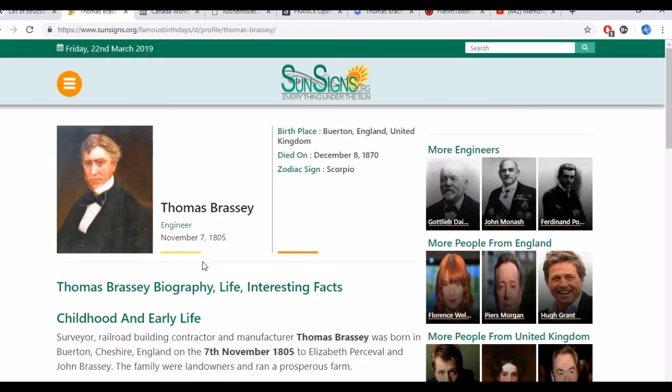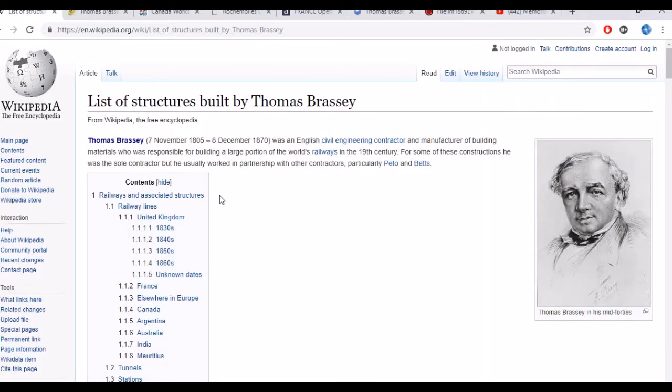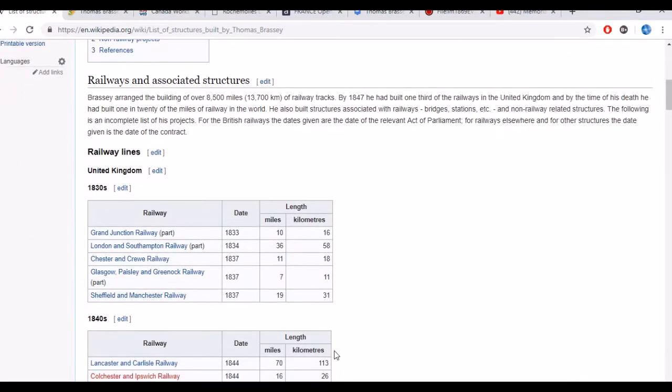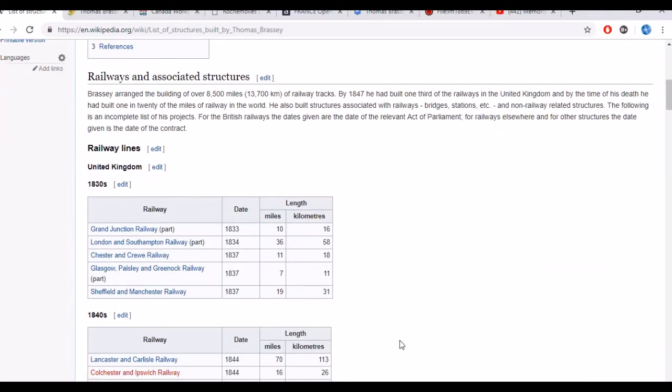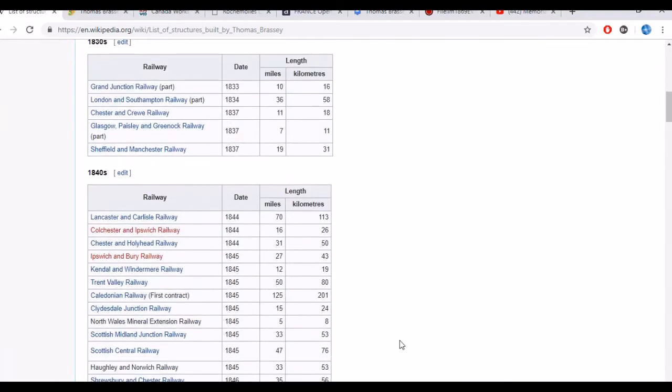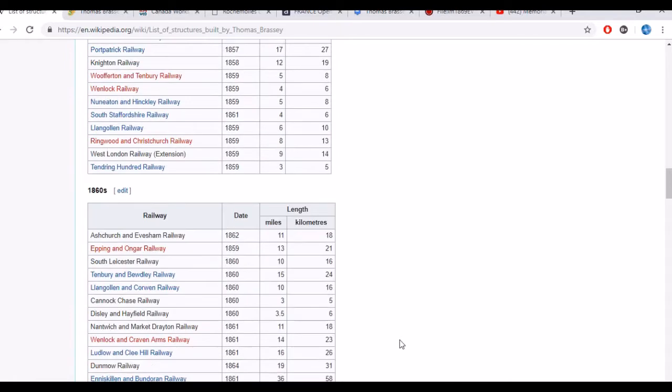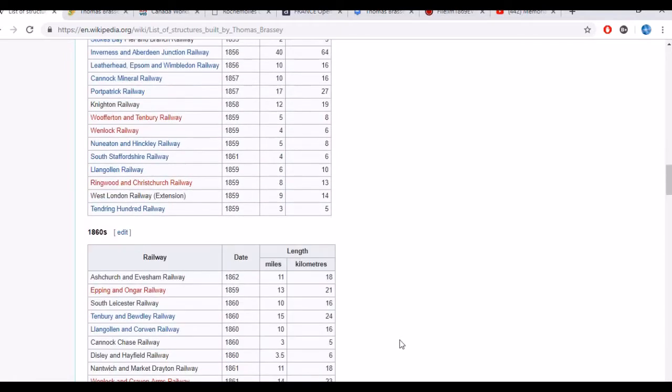He was just a magical architect. This is a list of structures that he made. These are all the railways that he built. The 1830s, 1840s, the 1850s. Look at all that. 1860s.